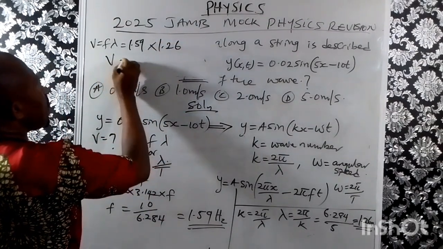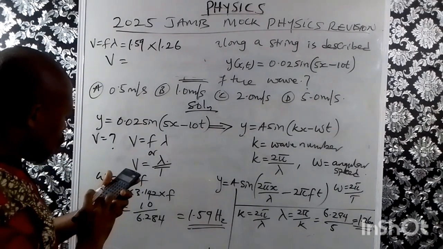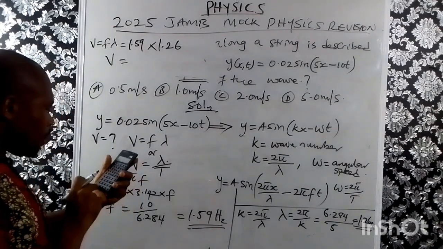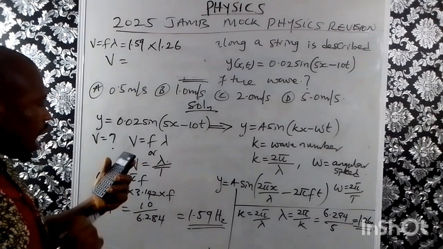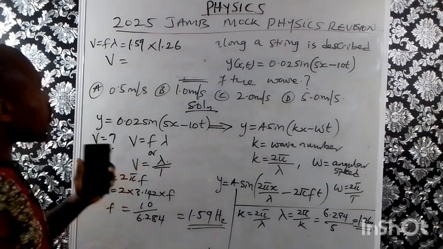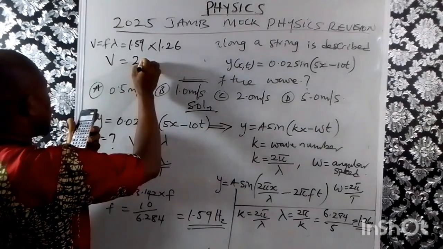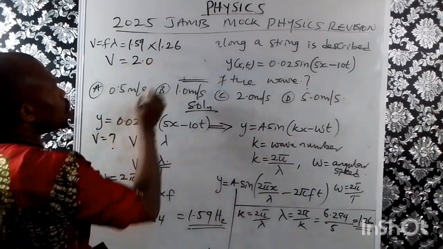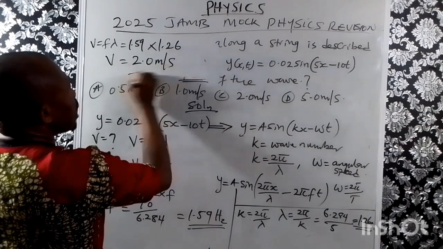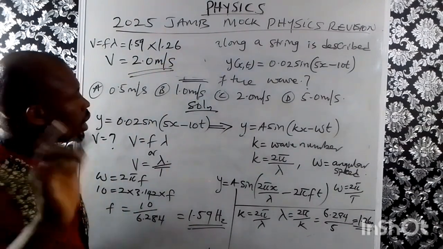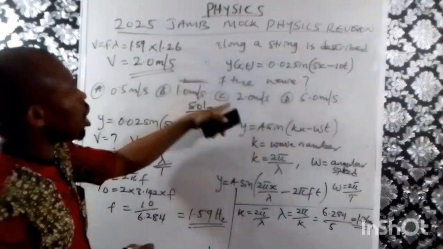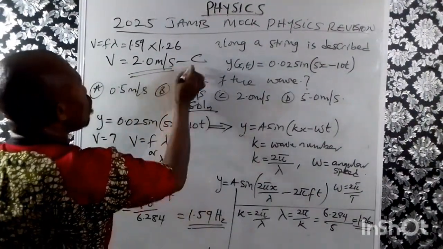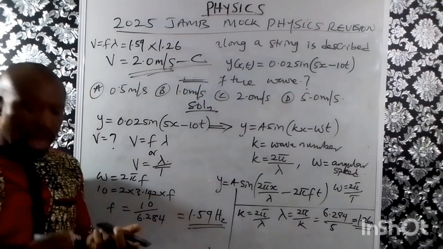Therefore, the speed of the wave will give us 1.59 multiplied by 1.26, and it will give us 2.0 meters per second. And of course, the option that suits this is option C. So option C is the correct answer.